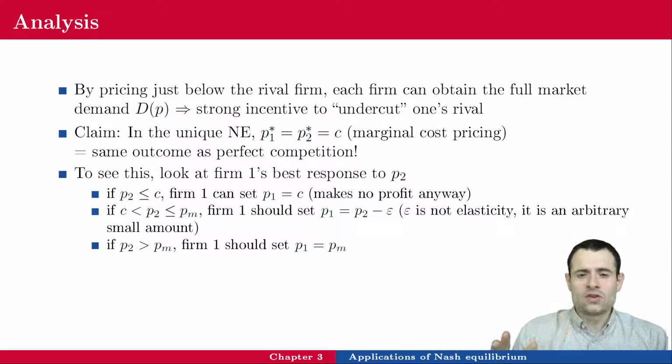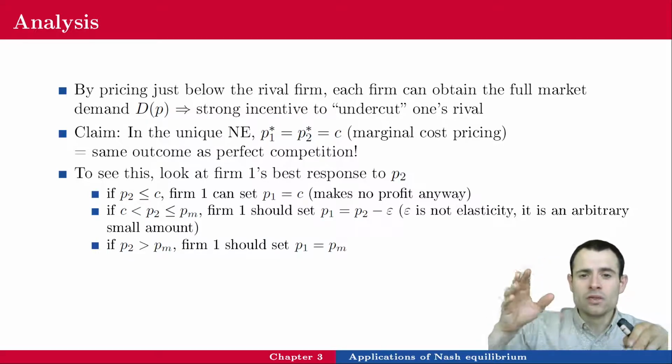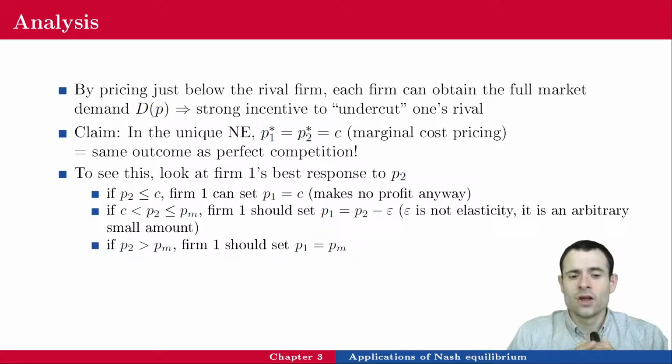Finally, if P2 is strictly bigger than PM, I maximize my profit by applying monopoly pricing. Again, you can see that I have 3 different pieces here. So my demand will not be smooth. It won't be just one straight line. There are going to be kinks.